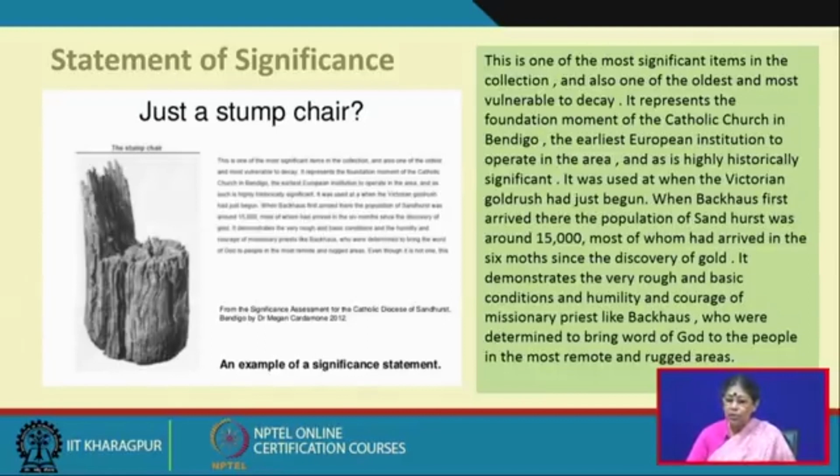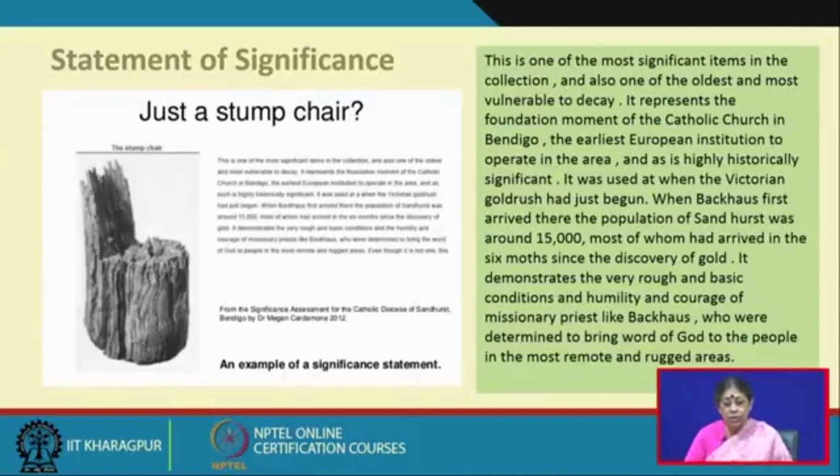This is one of the most significant items in the collection and also one of the oldest and most vulnerable to decay. It represents the foundation moment of the Catholic Church in Bendigo, a place in Australia, the earliest European institution to operate in that area.